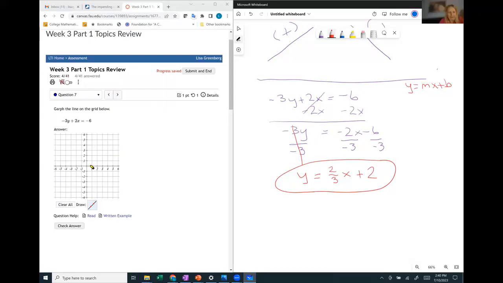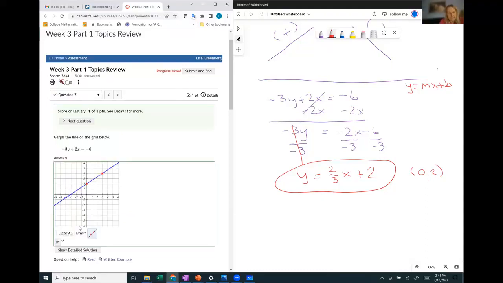So I can come over here and I really like just taking the y-intercept because it's 2, right? I know there's this point when x equals 0, y equals 2. And then I have a slope of positive 2/3. So I go up 2 and I go to the right 3. And that should be my graph. As long as I don't make a mistake mathematically, I'll get the right graph.